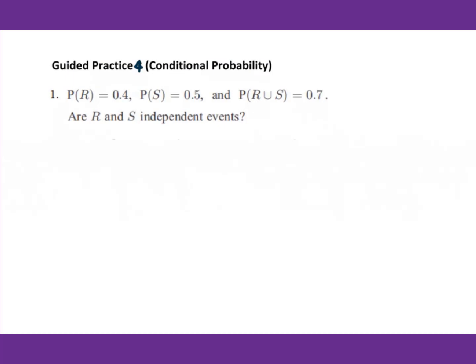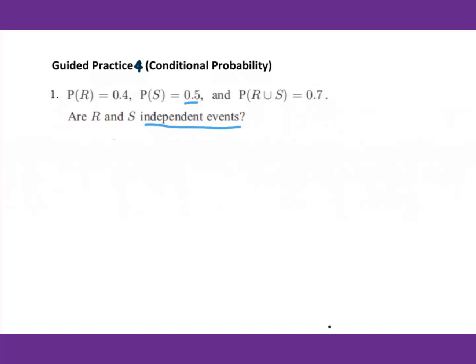Let's go to guided practice 4. For number 1, probability of R equals 0.4, probability of S equals this, and the probability of R or S equals 0.7. Are R and S independent events? How to decide whether R and S are independent events or not?